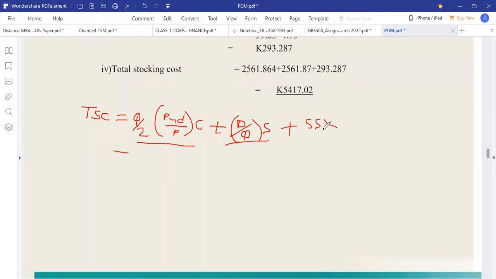multiplied by carrying cost per unit. The safety stock we are keeping in the warehouse, the safety stock we are reserving for security reasons. So carrying cost per unit.